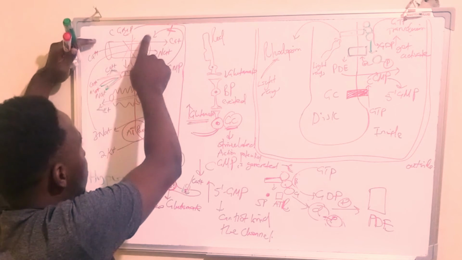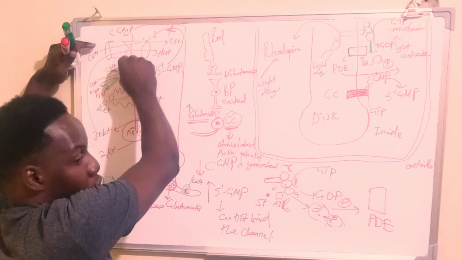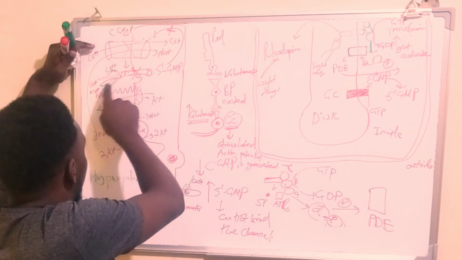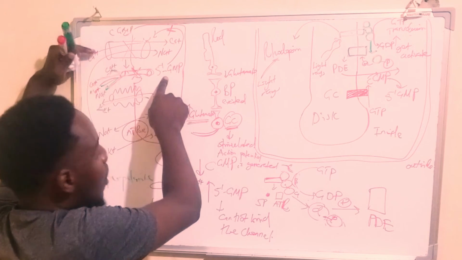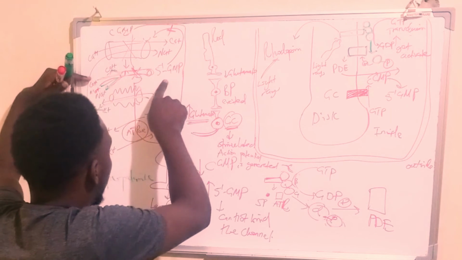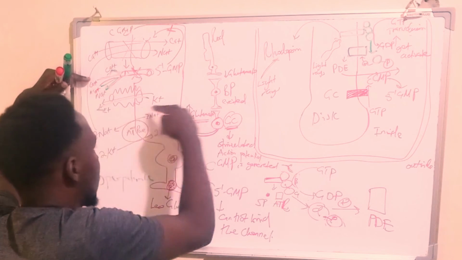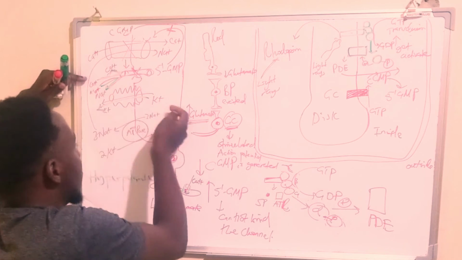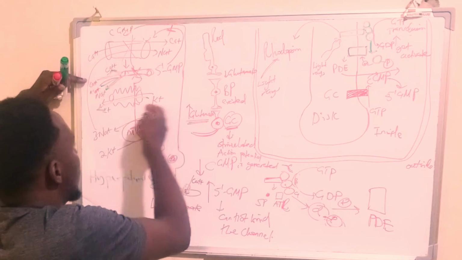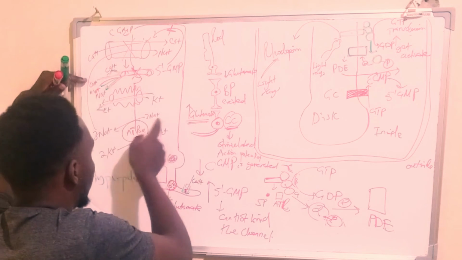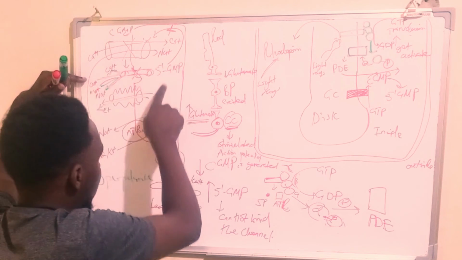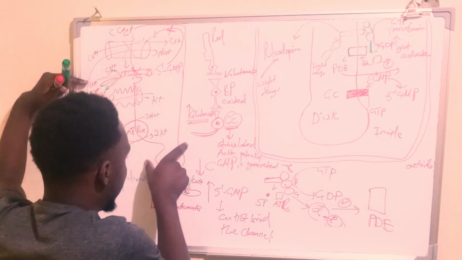Due to the fact that it cannot bind here, these channels close. When these channels close, no or less sodium and calcium enters the cell. And as more potassium is moving out through the leaking potassium channels, and more sodium is being moved out, this cell now hyperpolarizes.